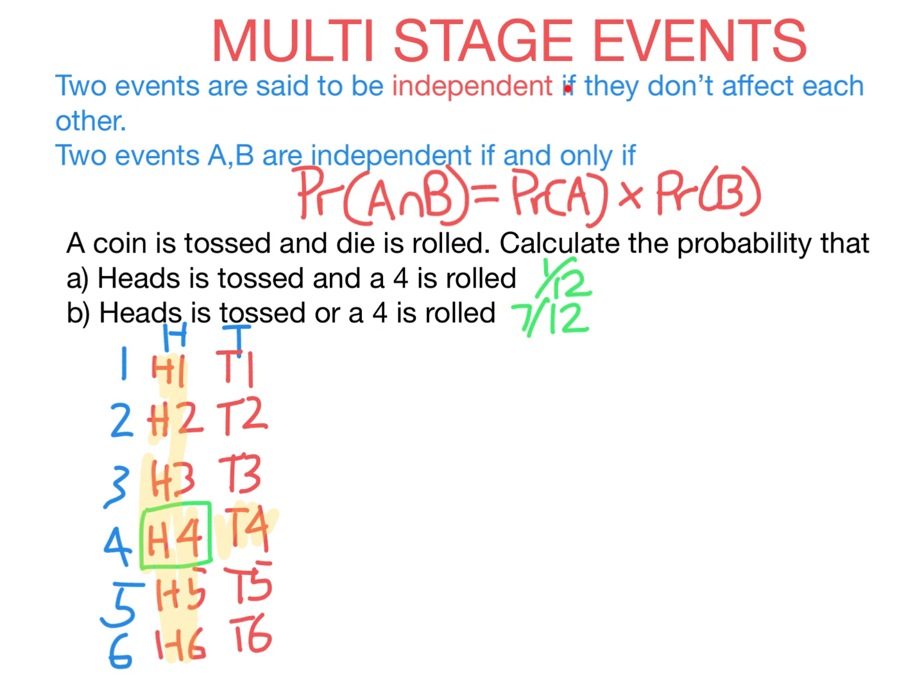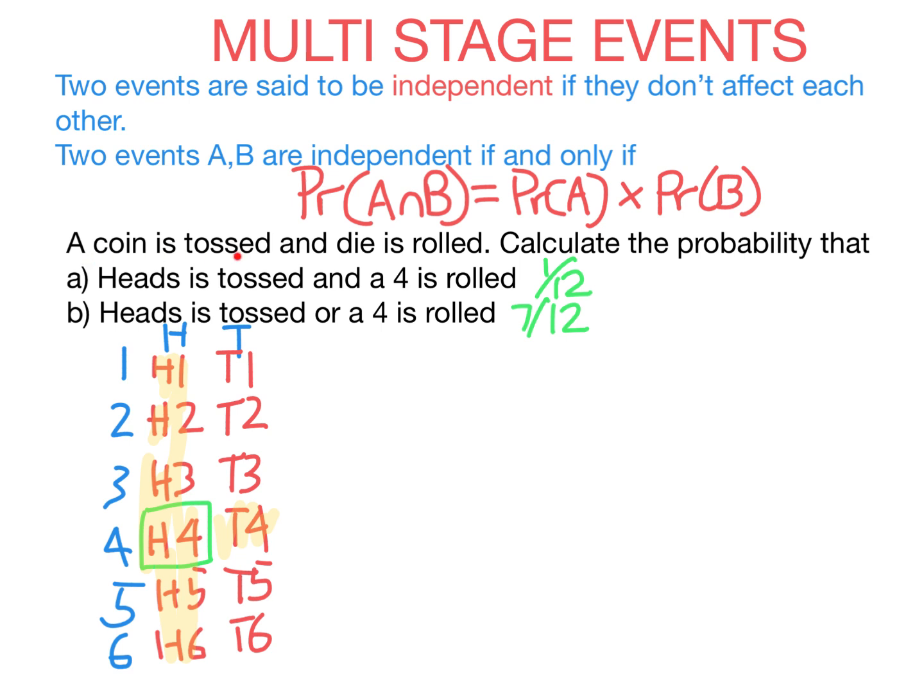Two events are said to be independent if they don't affect each other. In other words, one event does not change the probability of the other. So if you have two events that are independent, you can use this formula. Probability A and B equals probability A times probability of B. This says if you have two independent events, the probability they both occur is just the product of their respective probabilities.